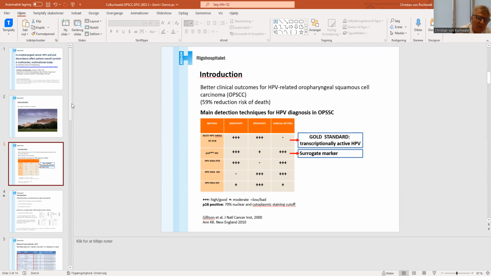If we want to go more directly, we need to go to the E6 and E7 HPV messenger RNA RT-PCR method. But the clinical setting of this is quite challenging.